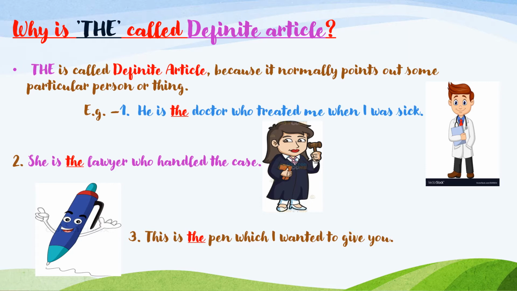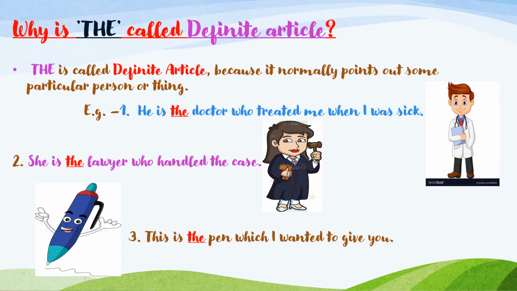My focus is on that particular doctor who treated me when I was sick, but not any other doctor. That's why I used the definite article the, which is used to talk about specific nouns or specific things.